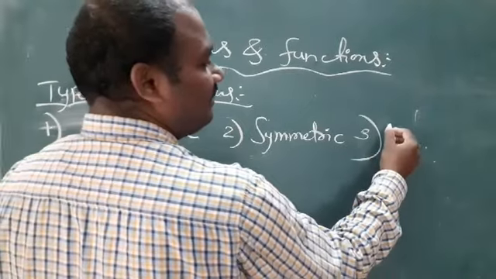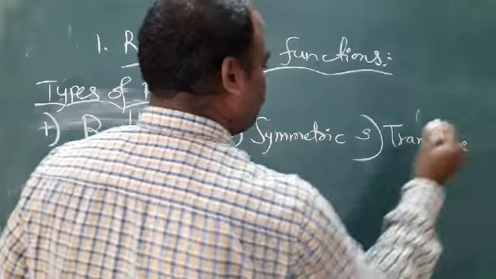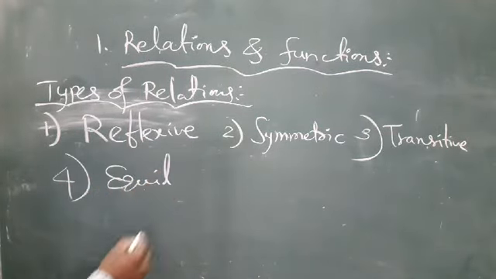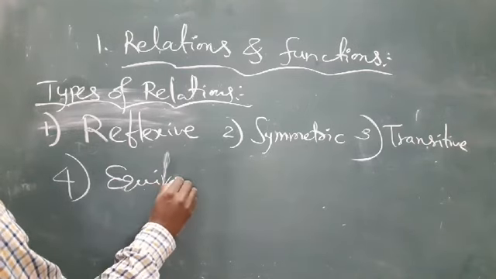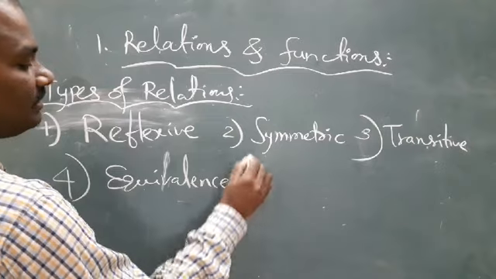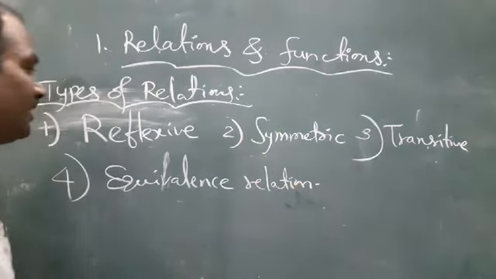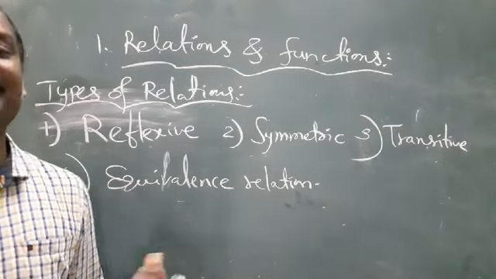Third is transitive. Fourth is equivalence relation. Very important: reflexive, symmetric, transitive, equivalence relation.